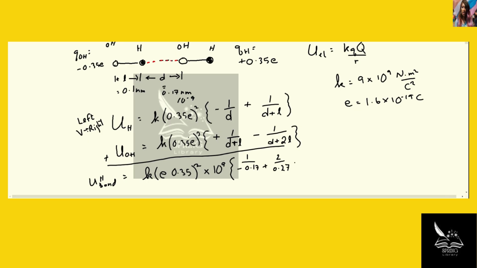So there's an intermediate step just to verify if you're stuck on a calculation. And I won't put any more intermediate steps, but this is equal to minus 3.30 times 10 to the minus 20 joules. And that's per hydrogen bond.